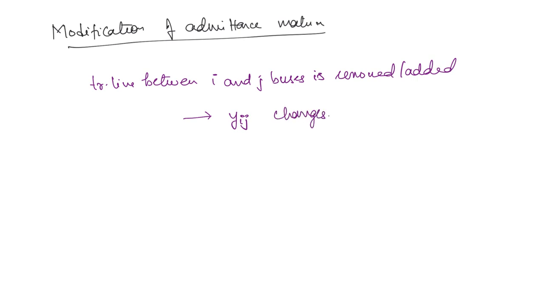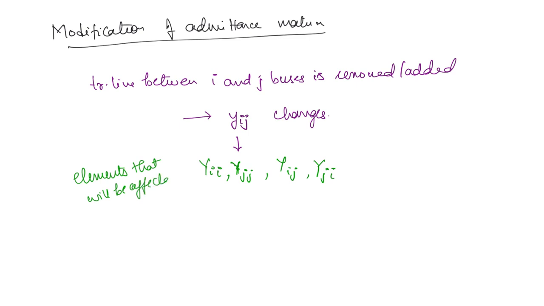Now if yij changes, then what elements are going to see the change? The elements that are going to be affected by it are capital Yii, capital Yjj, Yij and Yji. Okay, so these are all the elements that will be affected due to change in yij. So that can be either addition of a transmission line or even a removal of a transmission line.